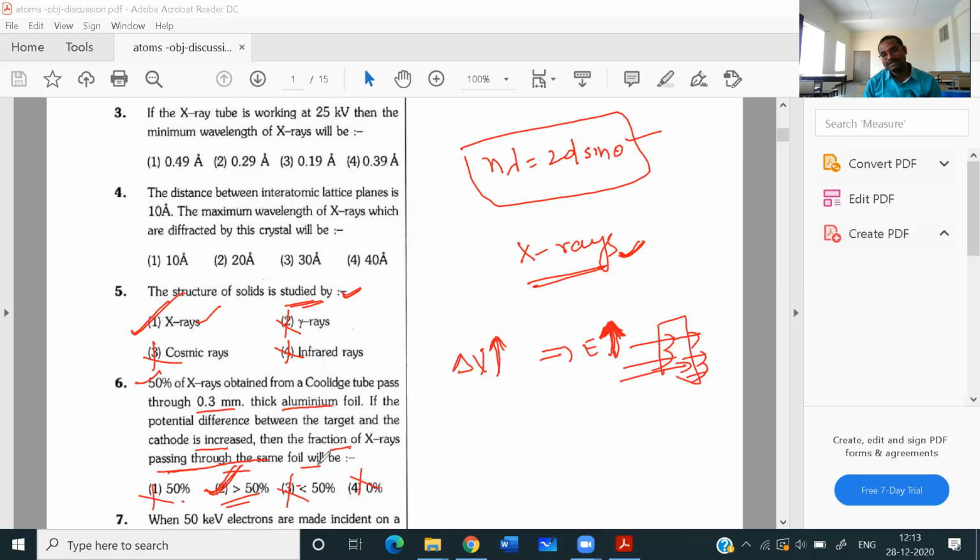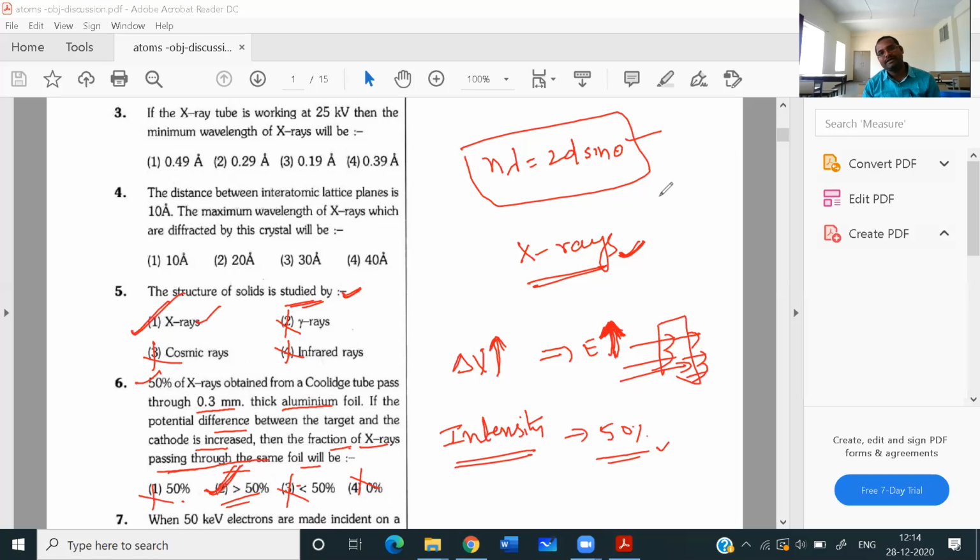If they ask what happens to the intensity of X-rays, then it remains the same, 50% only, because the intensity of X-rays doesn't depend upon the potential difference we apply. It depends only upon the filament heat radiation in the cathode tube.